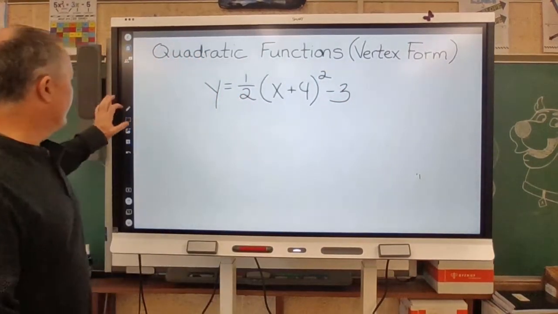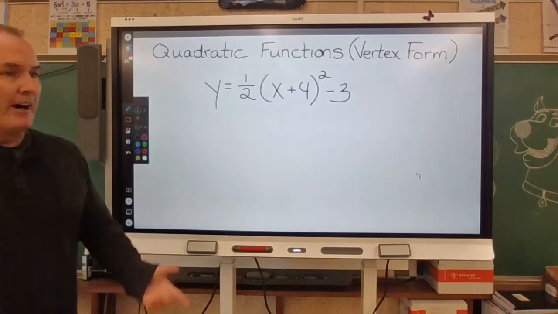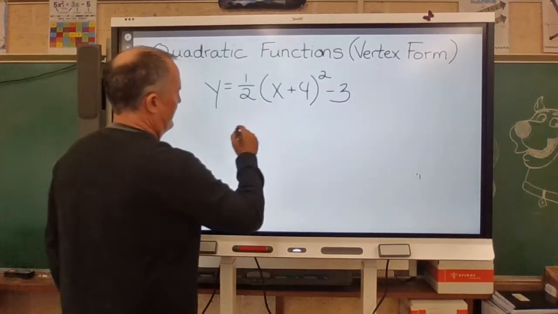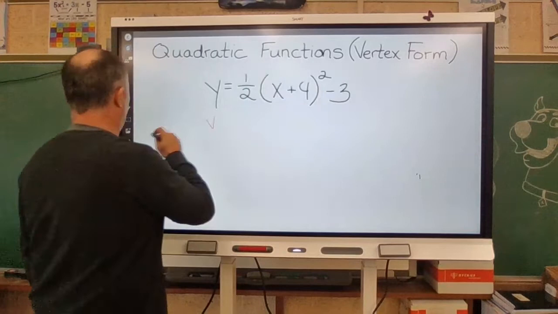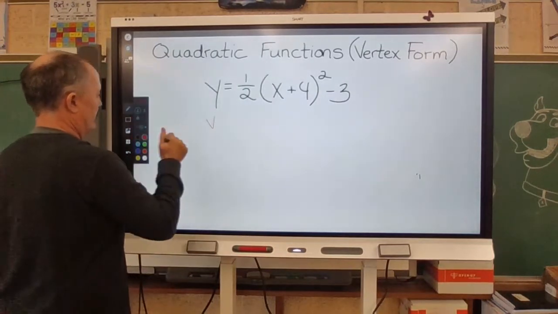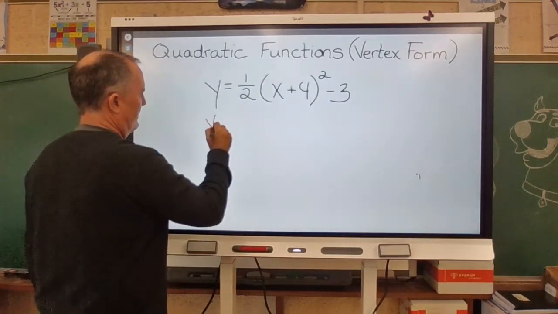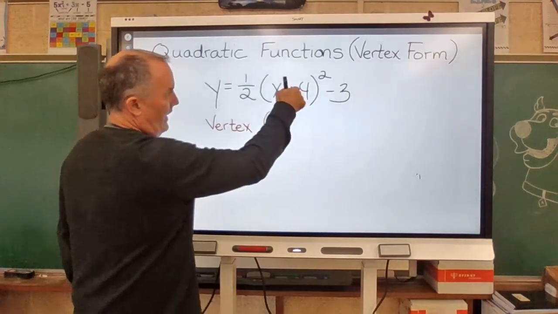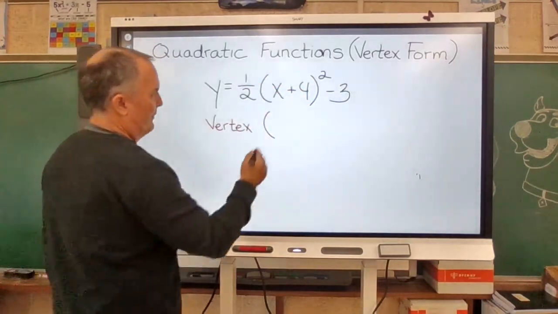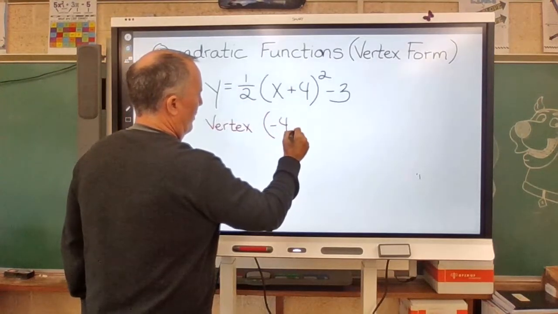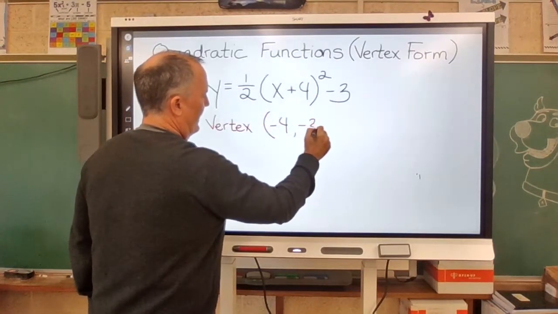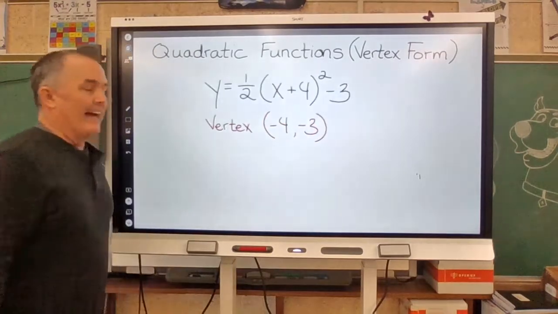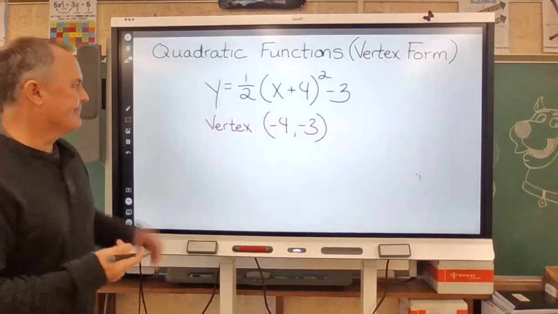All right, and just by looking at that, I know my vertex is going to be opposite on the inside for the x value. It's going to be -4. True on the outside. So my vertex will be (-4, -3).